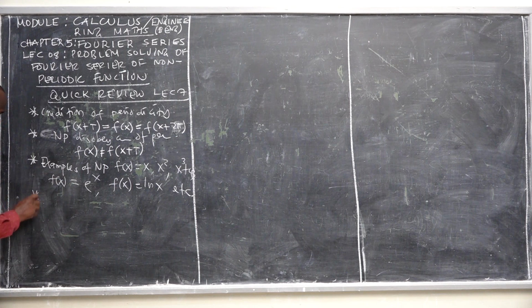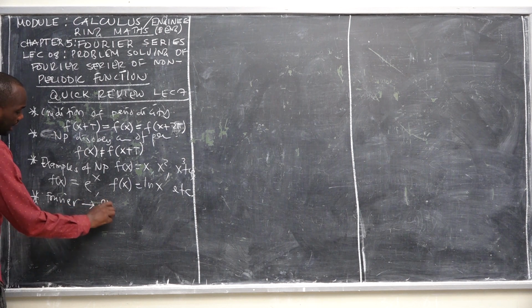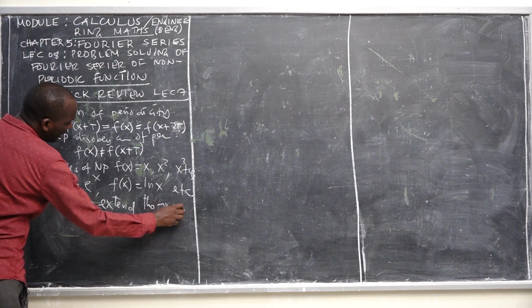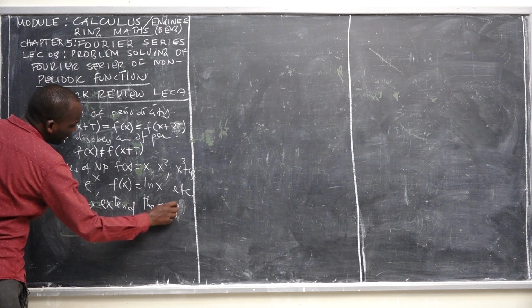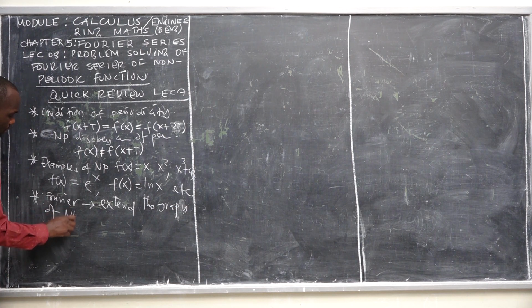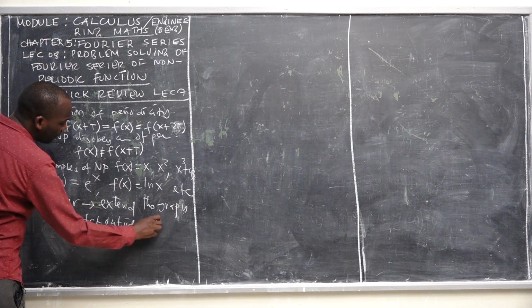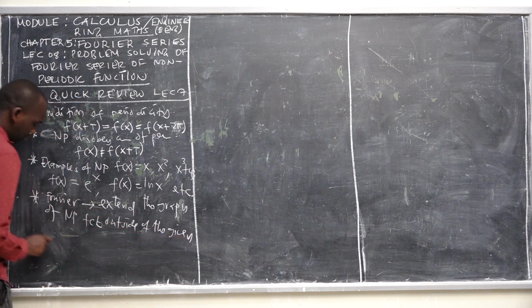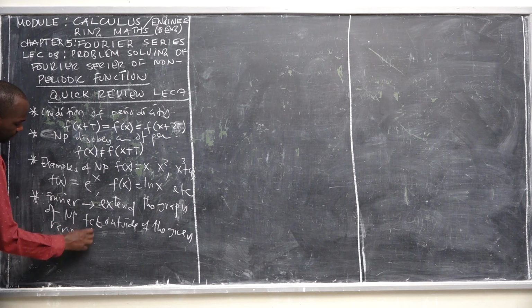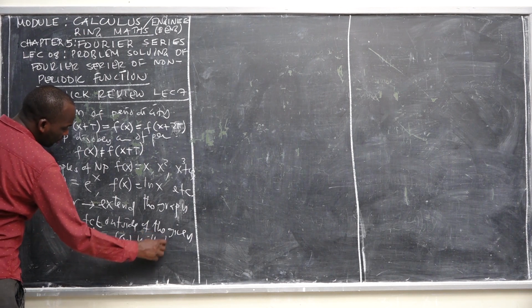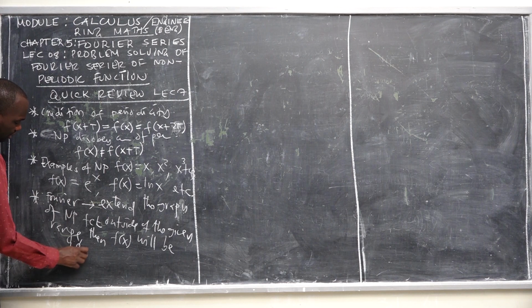But again, Mr. Fourier introduced a concept: if we extend the graph of a non-periodic function outside of the given range, then that non-periodic function will be a periodic function.